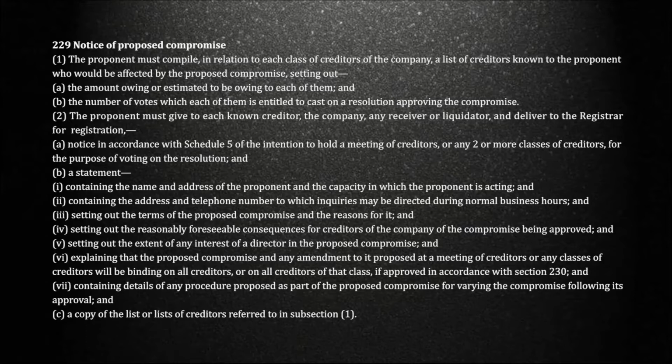And then it says that the proponent will put together a list and determine the number of votes for each one in classes, as I said. Then of course you get subsection 2, and it sets out the various documents you need to create and how you undertake the voting and things of that nature.